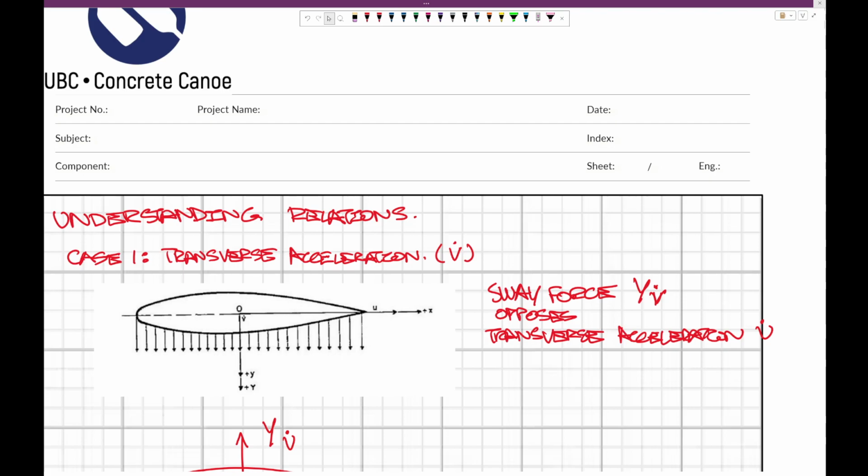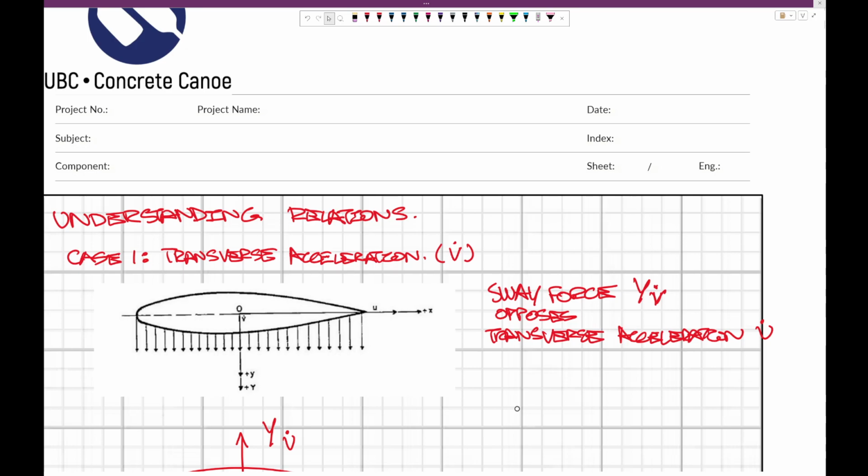I denoted the notation in the first slide. Positive is obviously towards the starboard. So if you started moving your boat literally sideways somehow, and you're accelerating in that direction, what exactly would occur?